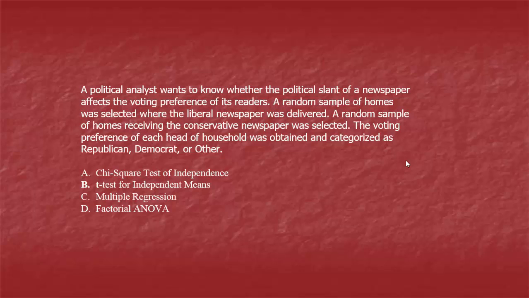That's going to be categorical. Some homes got liberal, some homes got the conservative paper. There's no continuous in between or anything like that. They also measured how the head of household voted, Republican, Democrat, or other. So the numbers they would use to represent that would represent categories. So we have a categorical predictor and a categorical outcome or dependent variable.